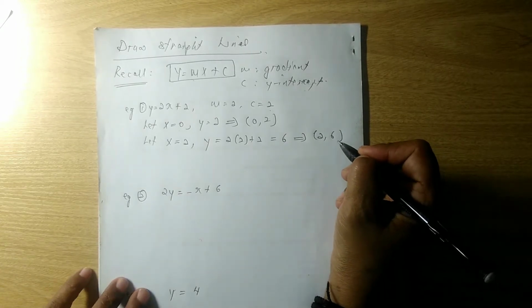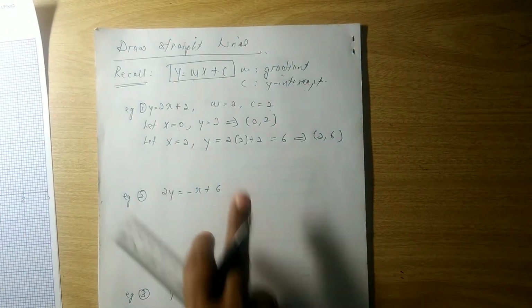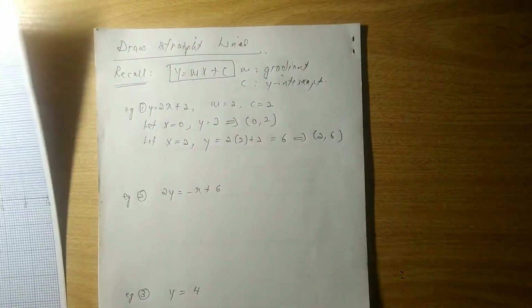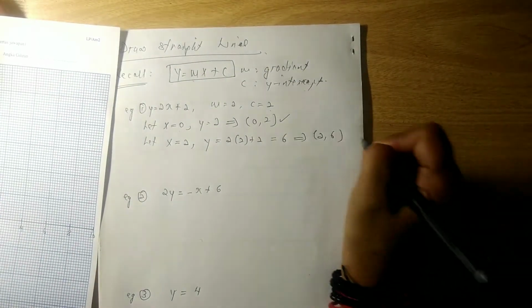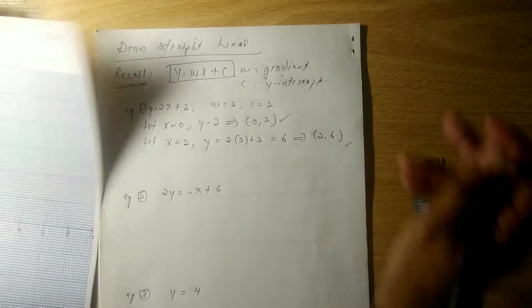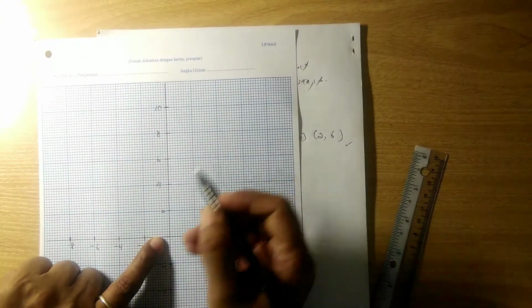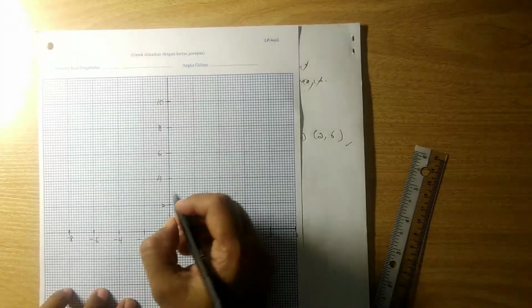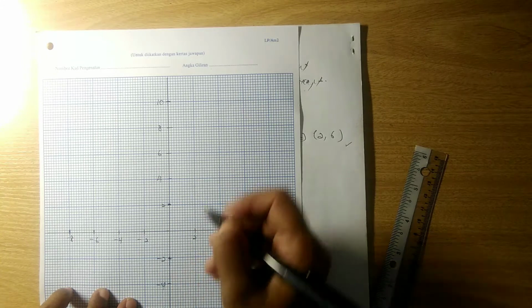Now let's draw this line. My coordinates are 0, 2 and 2, 6. This is a graph paper, so 0, 2 and 2, 6.